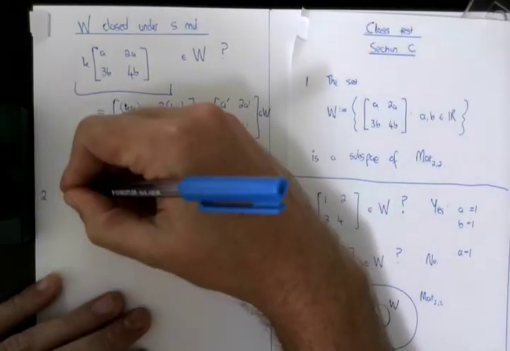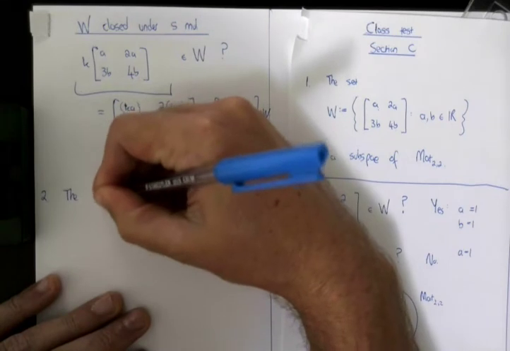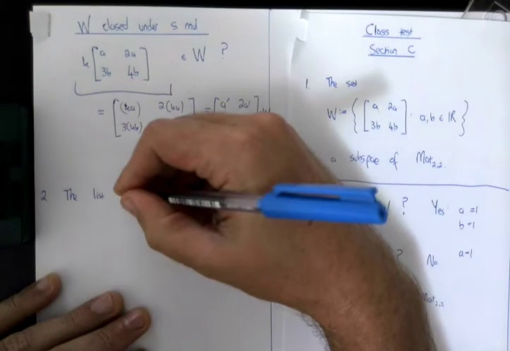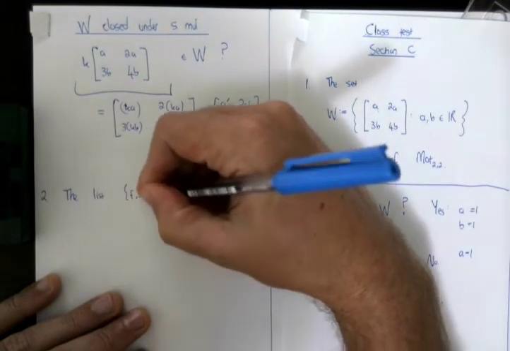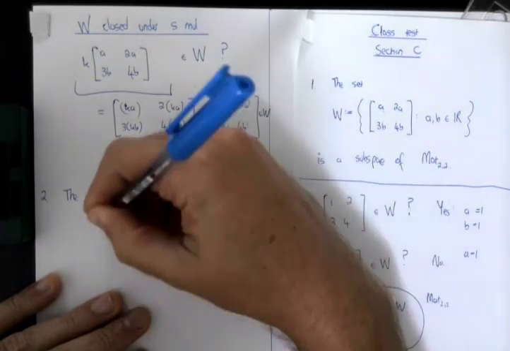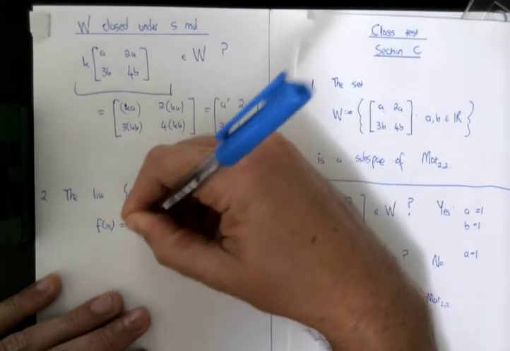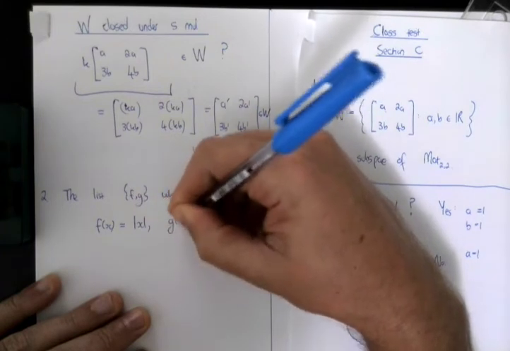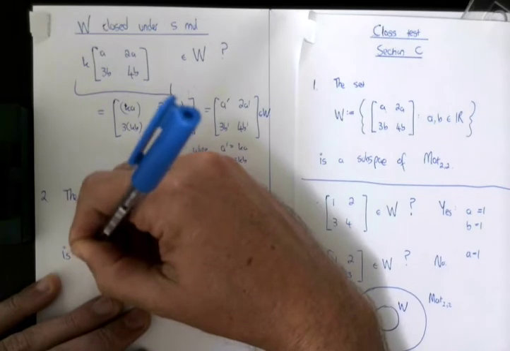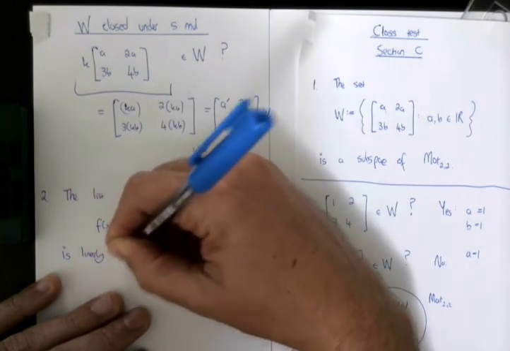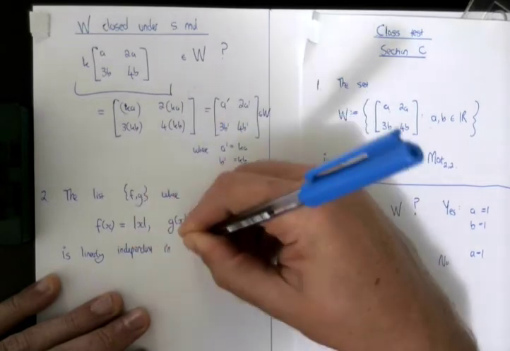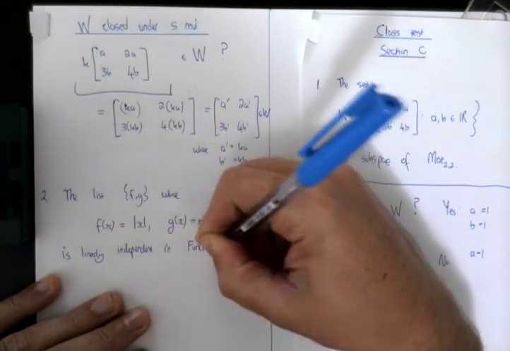Okay, the next question is: the list f, g, where f of x is the absolute value of x and g of x is x squared, is linearly independent in the vector space of all functions on the real line.